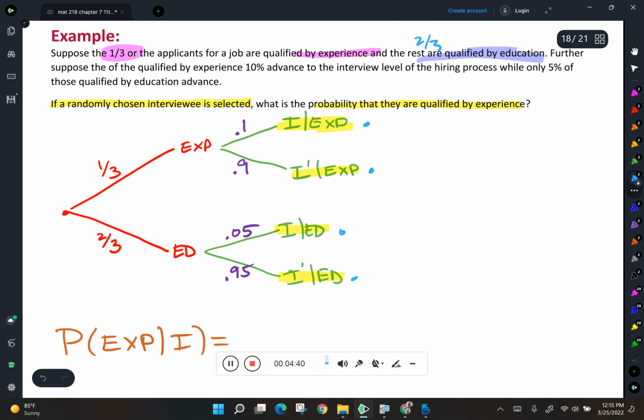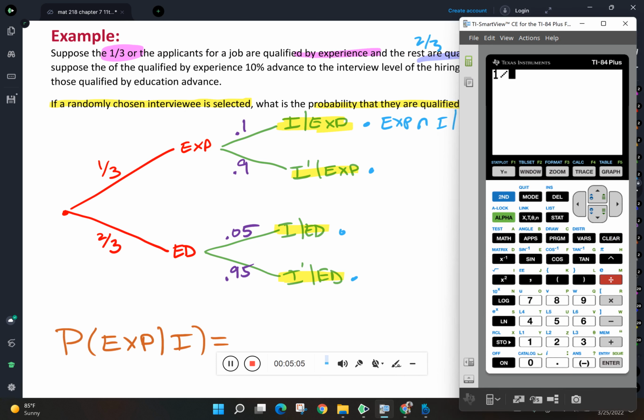The product formula tells me that this branch is going to be the intersection of experience and interview, and that the probability for experience intersection interview is going to be the 1/3 times the 0.1.